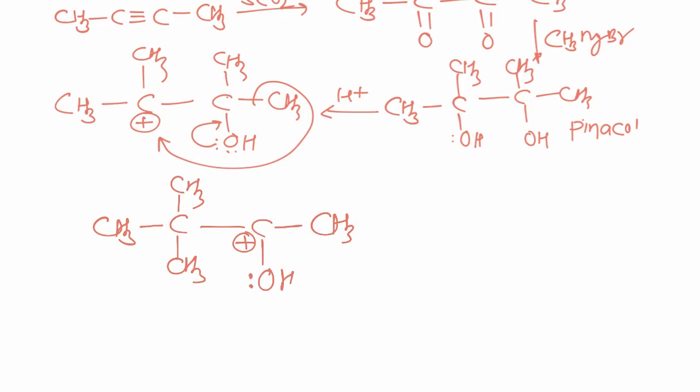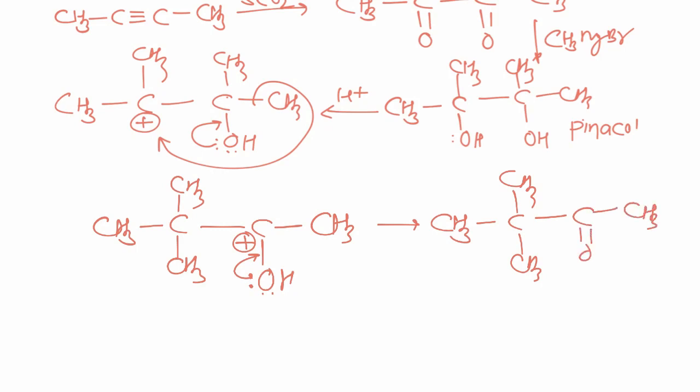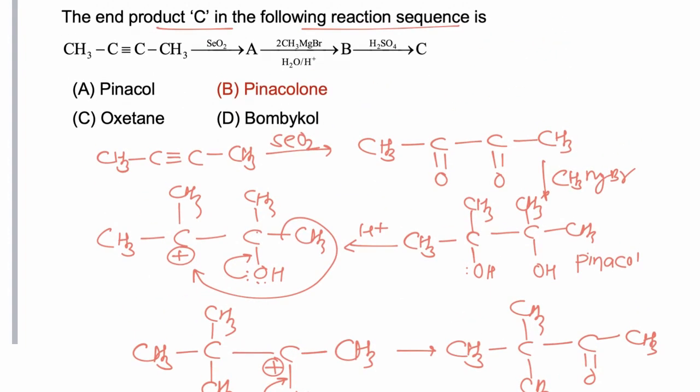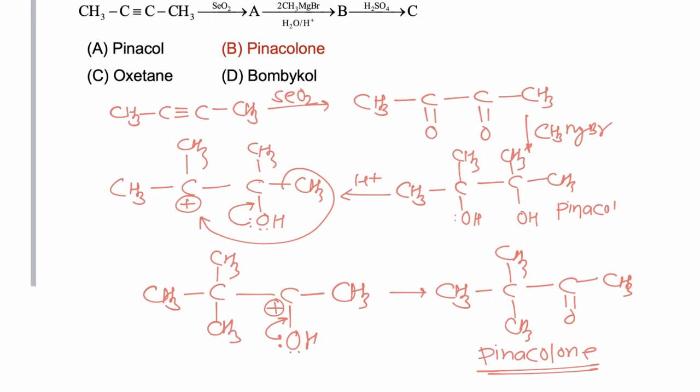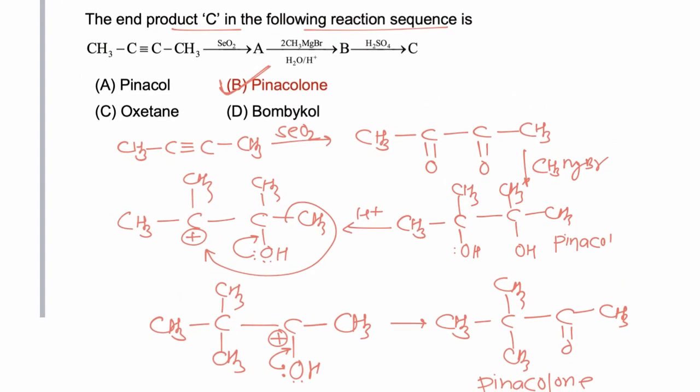Now oxygen will donate a pair of electrons to carbon, and finally tertiary butyl, C double bond O, CH3 is formed. So this reaction is a case of pinacol-pinacolone rearrangement. This ketone is known as pinacolone. So the final product is pinacolone, and the correct answer is B.